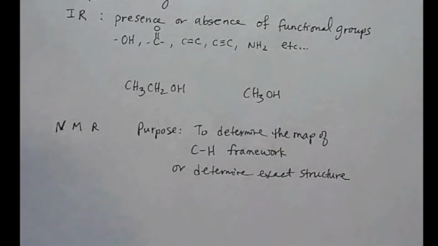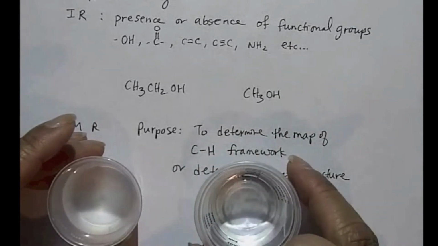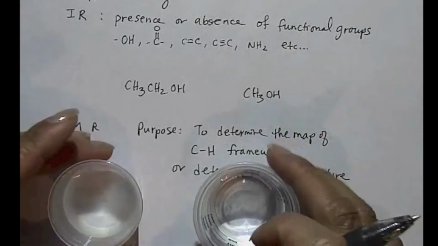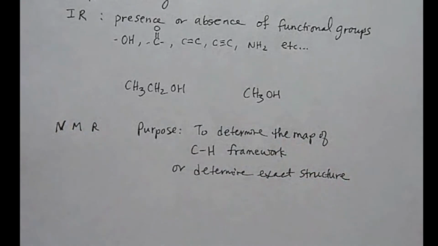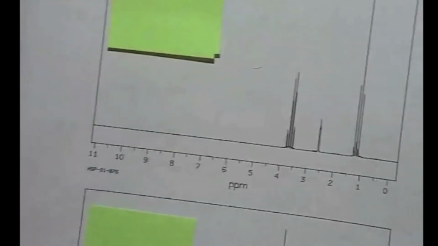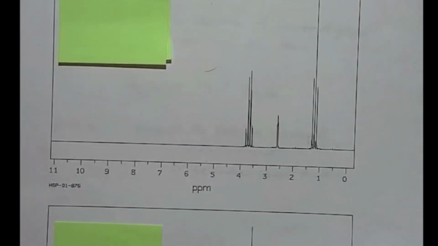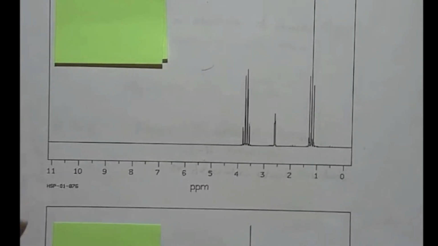Alright, so I'm going to show you NMR spectra of these two liquids that you saw. I've taken an NMR of this one and NMR of this one, and I already showed you the IR, and these are the NMR spectra.